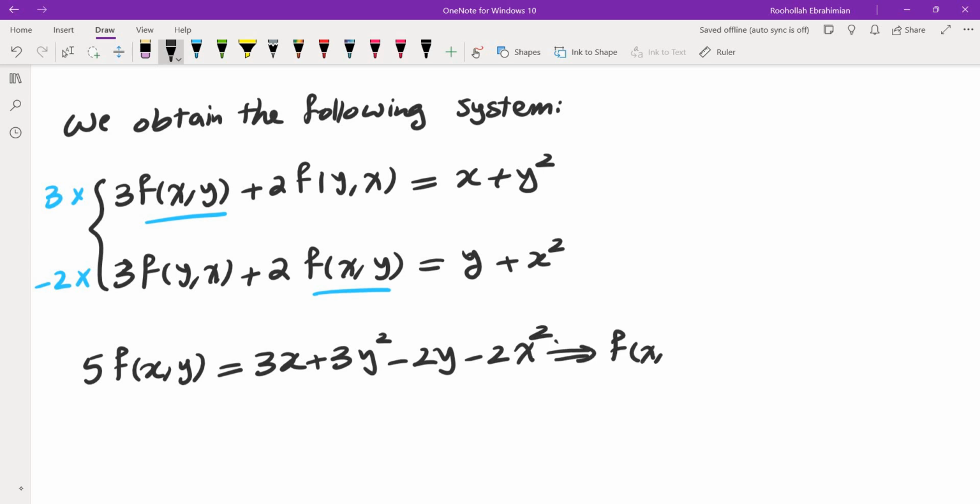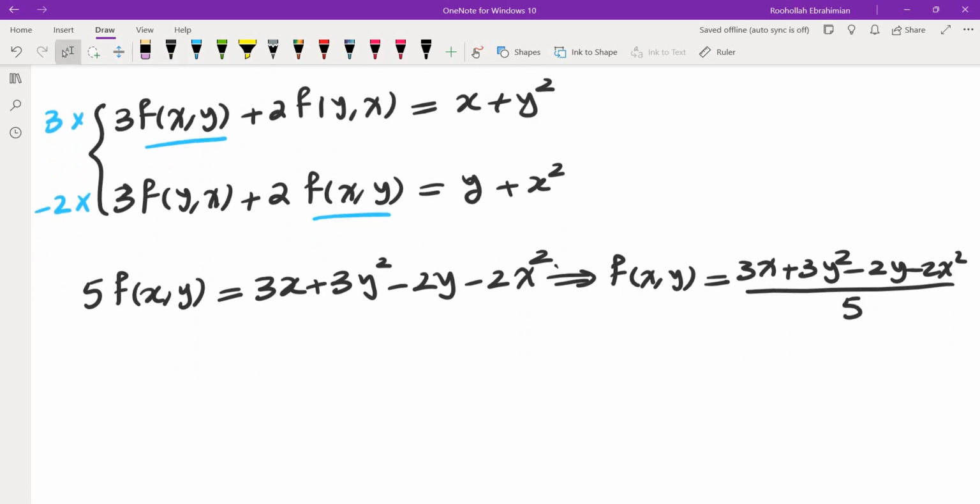Dividing by 5, we get that f of x, y equals (3x plus 3y squared minus 2y minus 2x squared) over 5.